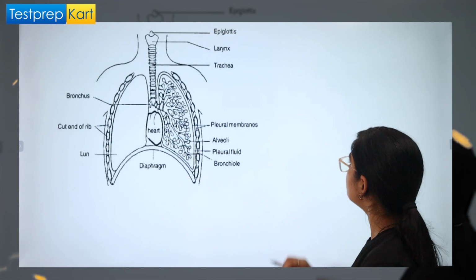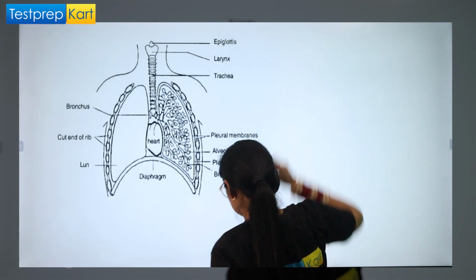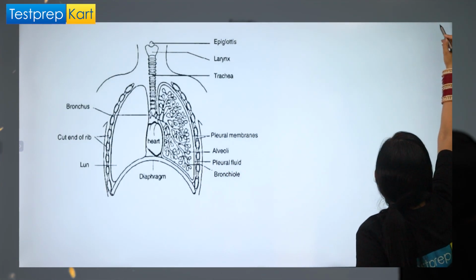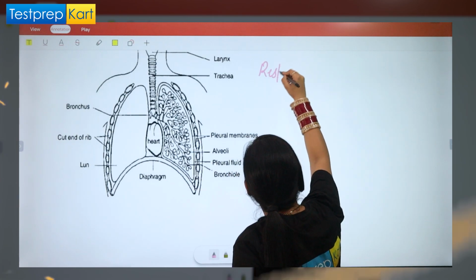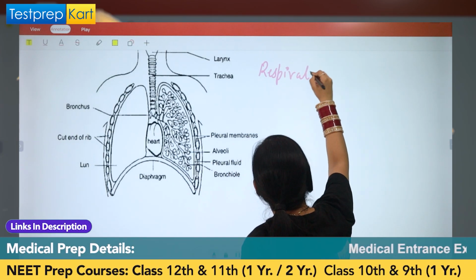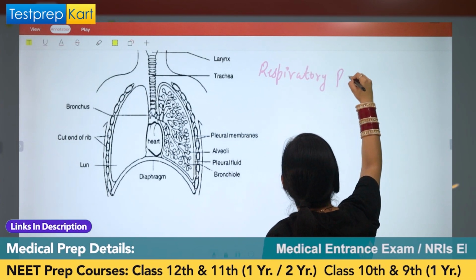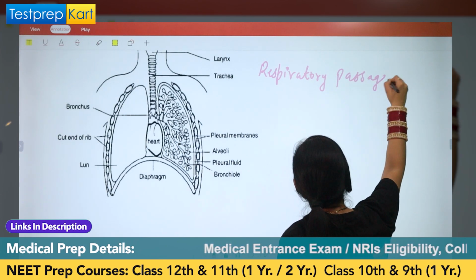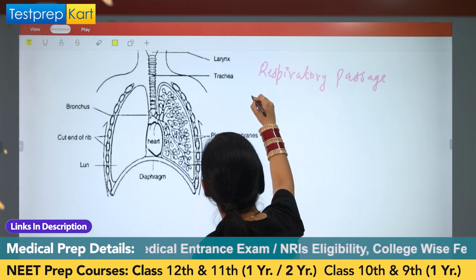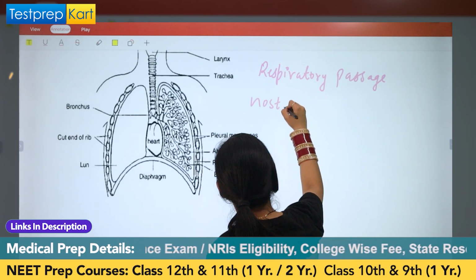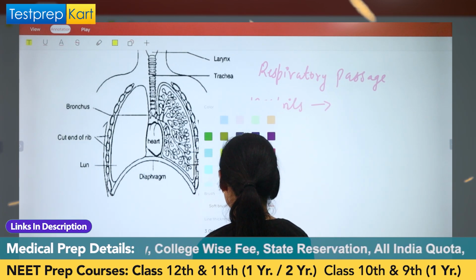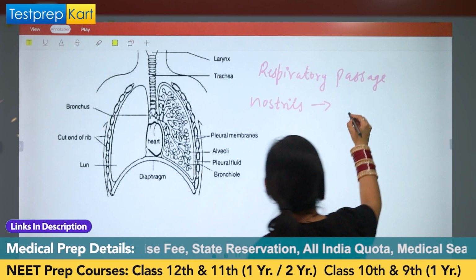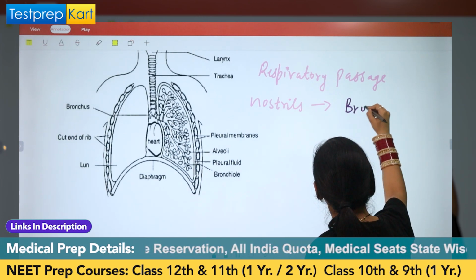Okay. When we talk about the respiratory passage, this respiratory passage starts from the nostrils and comes towards the bronchioles, right?